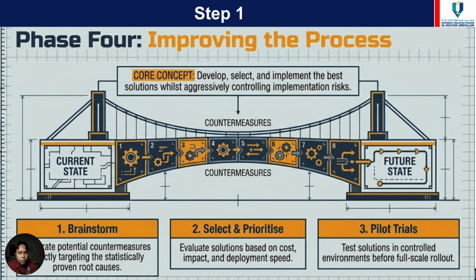We start with brainstorming to generate potential countermeasures directly targeting the statistically proven root cause. Then we select and prioritize solutions based on cost, impact, and deployment speed, and then we test the solution in a controlled environment before full-scale rollout.